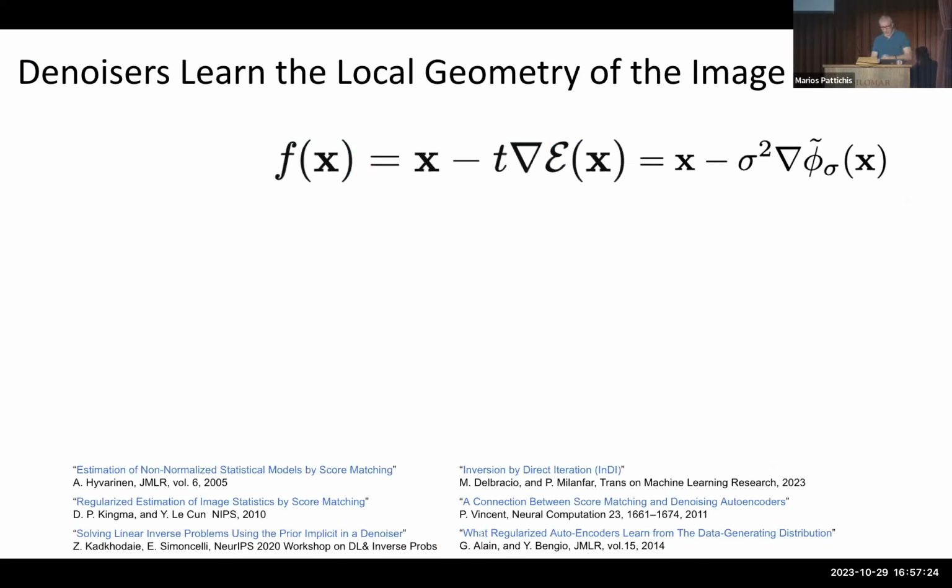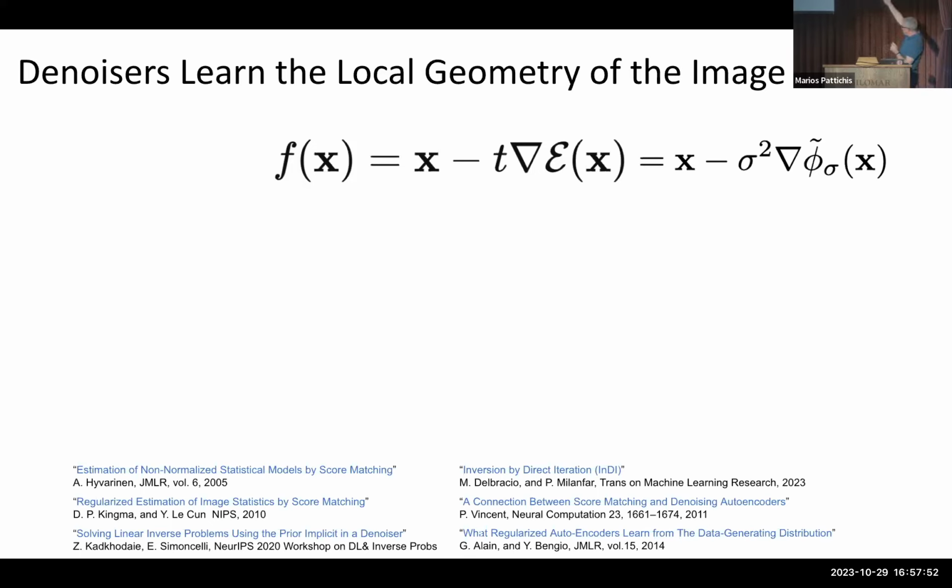Okay, so what are we to take away from this up to this point? Well, if you can describe a denoiser as X minus the gradient of some energy function, I'm going to parameterize this description with a T, which you can think of as a variance of noise or some kind of scale parameter.